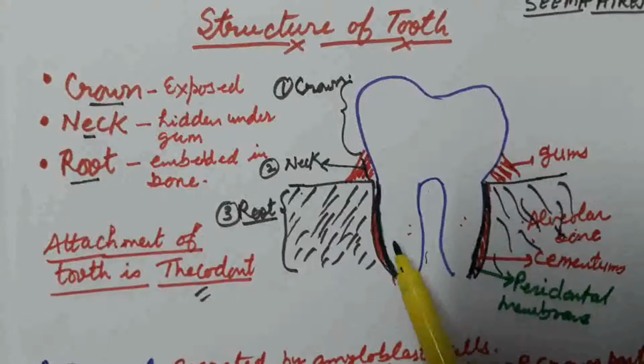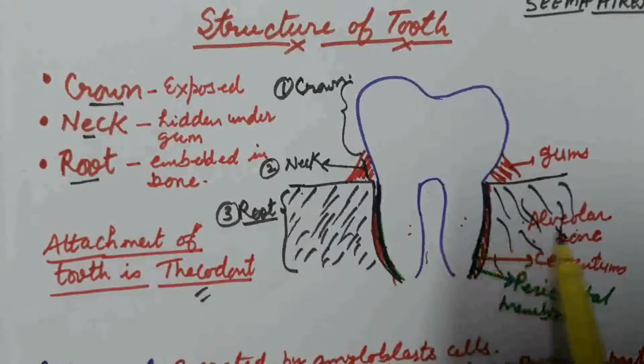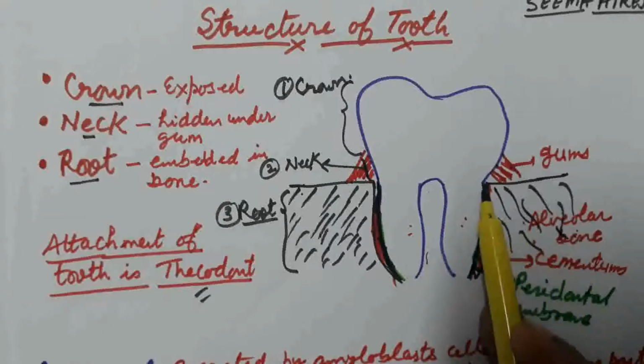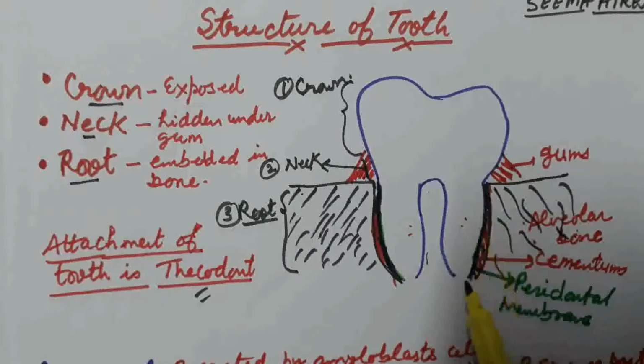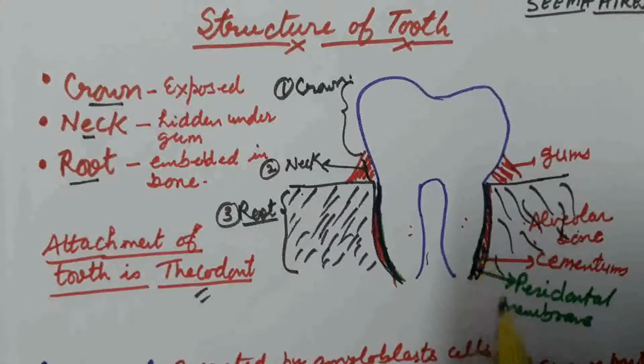So there are two layers in the root region. One is cementum, which fixes the root portion of the tooth into the sockets of the jawbone. The other is the periodontal membrane, which is present around the root region of the tooth.